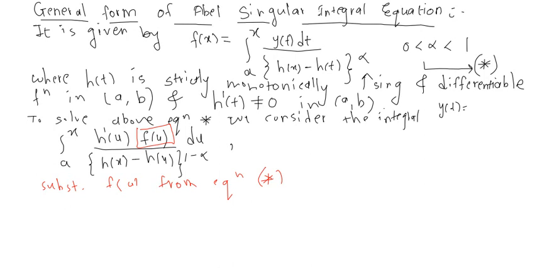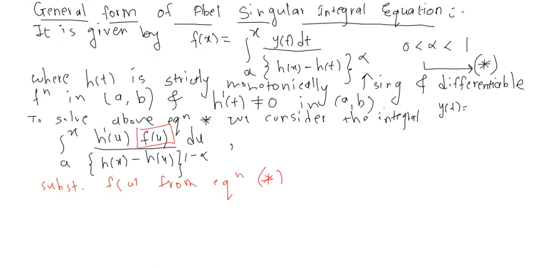So we will get the integral from a to x, h dash of u divided by h of x minus h of u raised to 1 minus alpha, and instead of f of u I will substitute this. Wherever there is x, we will have to put u.